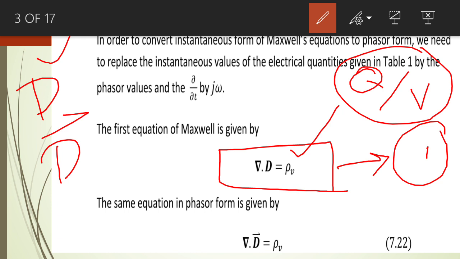So here is step number 1. In step number 1, we need to replace the instantaneous value of the electrical quantity by the phasor value. Step number 2.